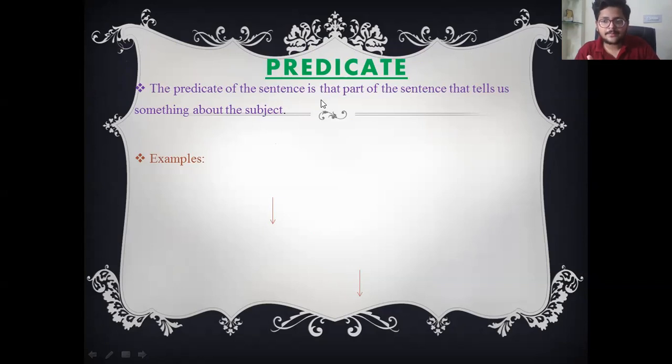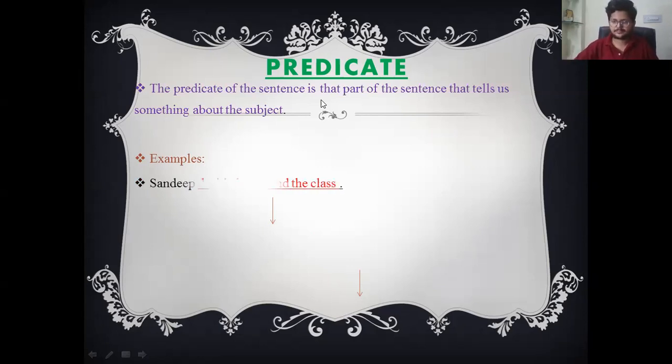The part of the sentence that adds something to the subject, or in other words, tells us something about the subject, will be called the predicate of the sentence.